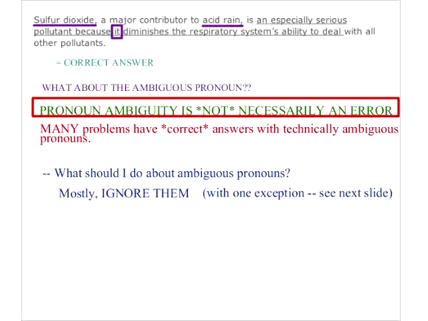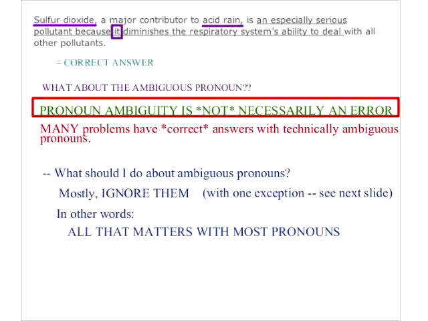So in other words, here's all that matters with pronouns. Number one, does the pronoun have a noun to stand for? And if so, does it match that noun in terms of singular and plural?